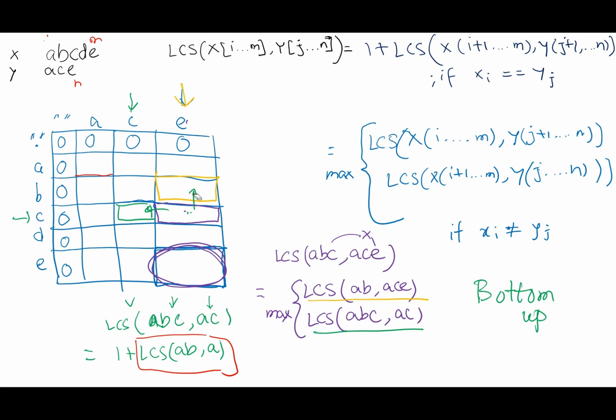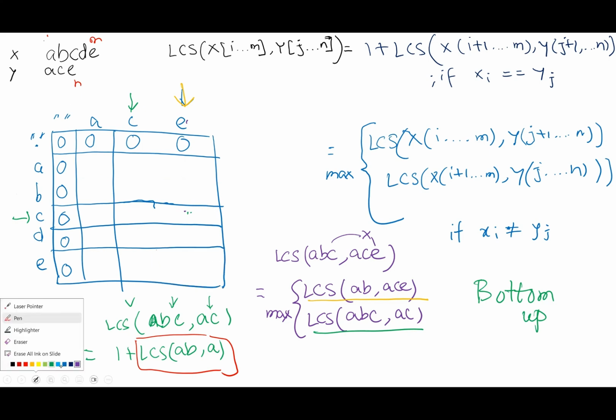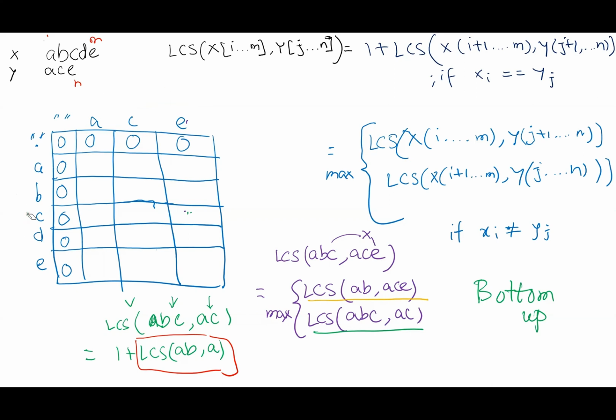Okay, so let's try to fill this up. Initially, we have our base case. The empty string has a longest common subsequence of 0 with any other string, right? So we fill up the first row and the first column with zeros, and then you see A and A match, so we add 1 to the diagonal.